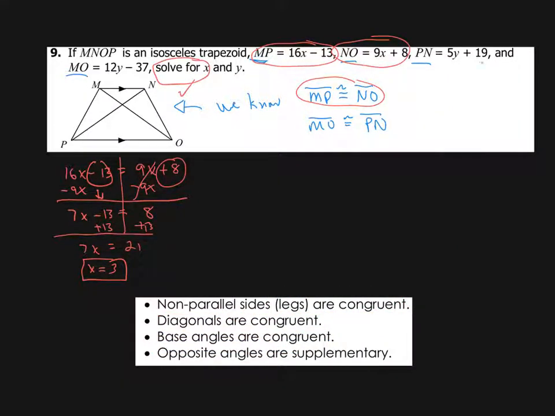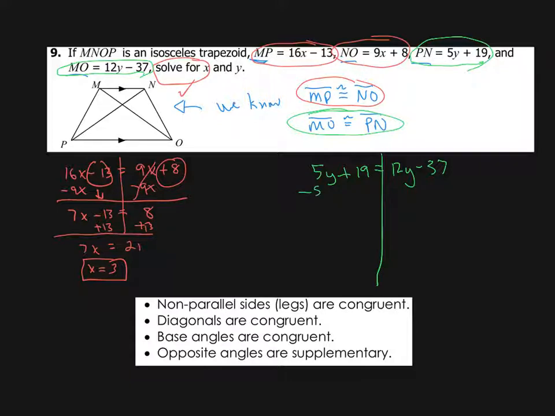Next on our plate is to solve for y. So one of the y expressions is PN, and the other one is MO. And what do I know about PN and MO? They're congruent. So 5y plus 19 equals 12y minus 37. I mean, you just can't help but begin to improve your algebra if you're really trying this. All right, now, why did I subtract 5y instead of 12y? Because I want to keep the coefficient of y positive, right? 12 minus 5 is 7.